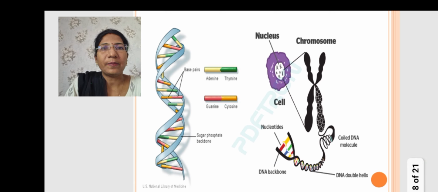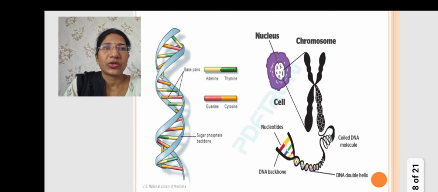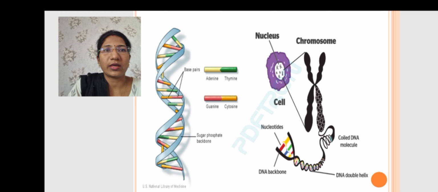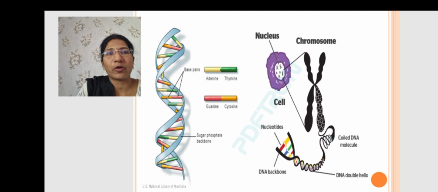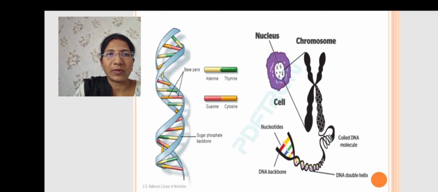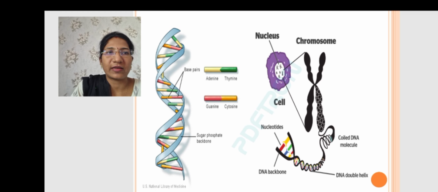Then again this diagram shows the nucleus. In this cell there are different chromosomes in the nucleus, and these chromosomes are made up of this nucleotide or double helix strand, that is deoxyribose nucleic acid. Then this chain is the DNA double helical strand. Then this chain or link is called the DNA molecule.